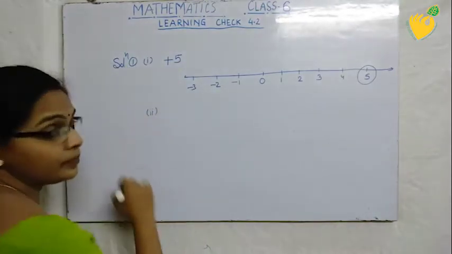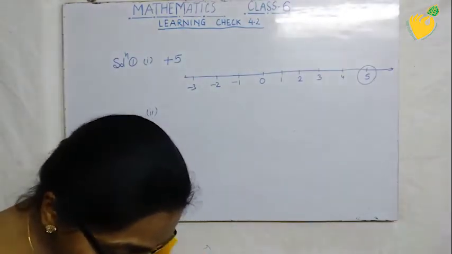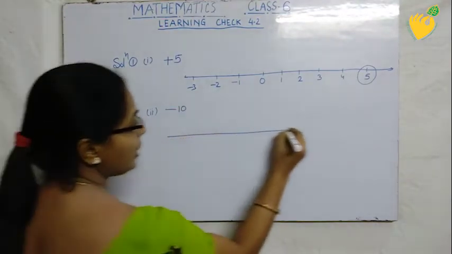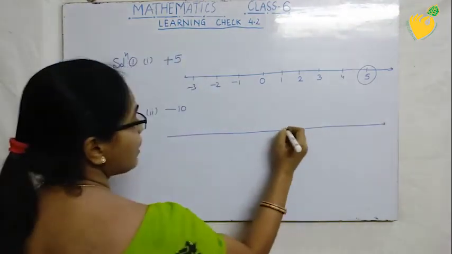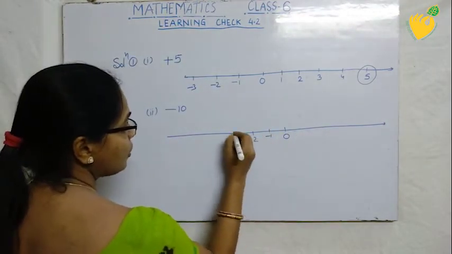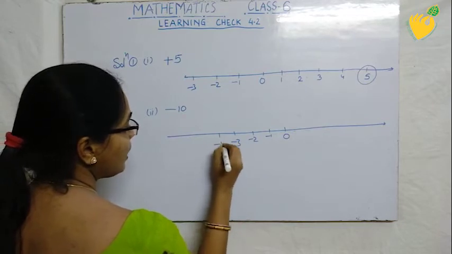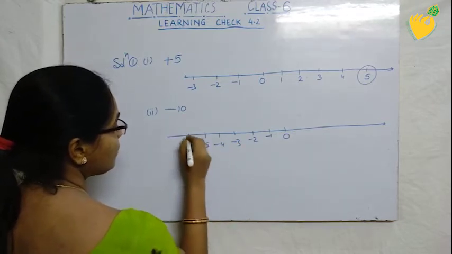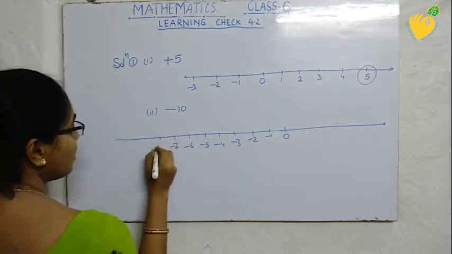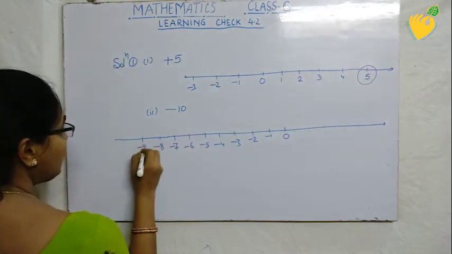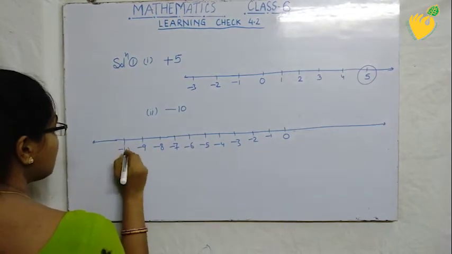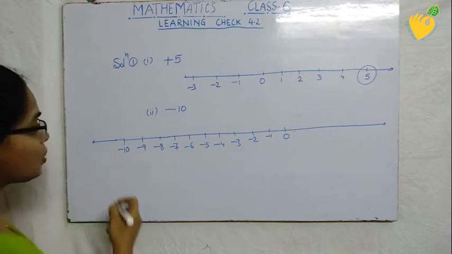See the second part of this question. It is -10. You will make again a number line and a 0 is here. -1, -2, -3, -4, -5, -6, -7, -8, -9 and -10.